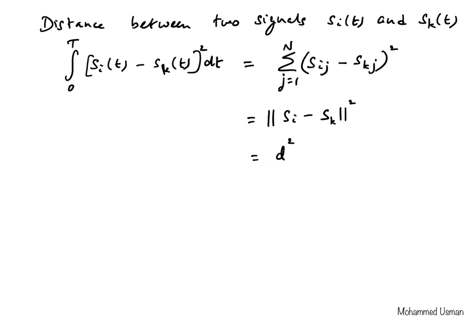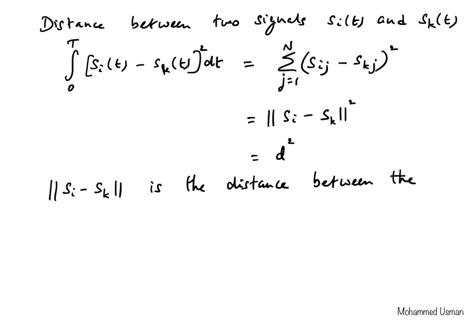If we take the square root of this value, we get the distance. So this is the square of the distance, or in other words, the norm of the difference Si minus Sk is the distance between the signals Si and Sk.